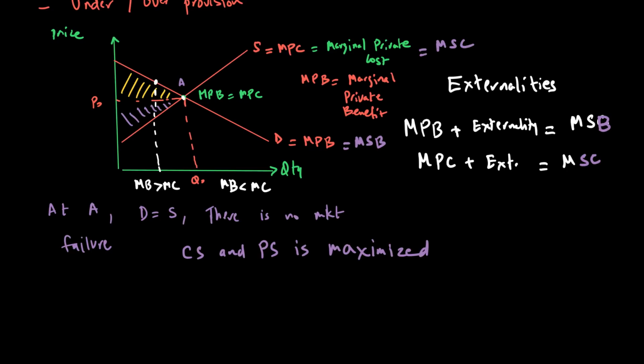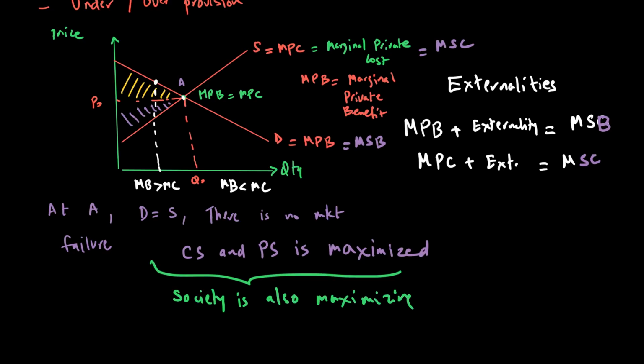So what I'm saying is that in a world of no externality, consumer surplus and producer surplus are maximized, but at the same time, because there is no externality, society is also maximizing welfare. So your society is also doing fine.